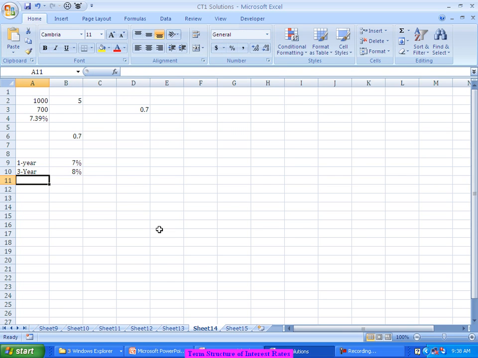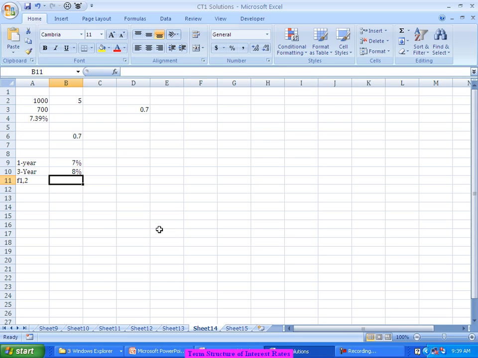If I deposit my money for 1 year, I'm going to get 7% return, whereas a 3 year deposit is going to give me 8% annually for a 3 year period. So someone has asked me to find out what is F1 comma 2, which means the 2 year forward rate 1 year from now.